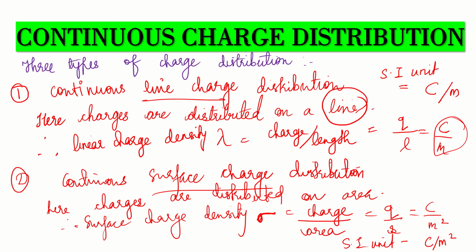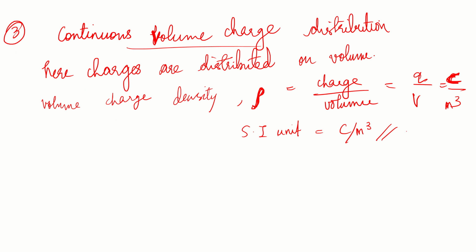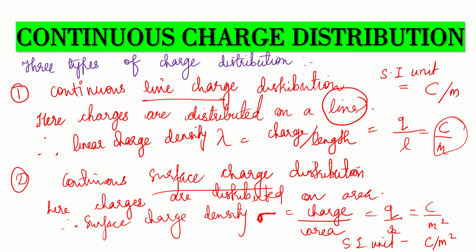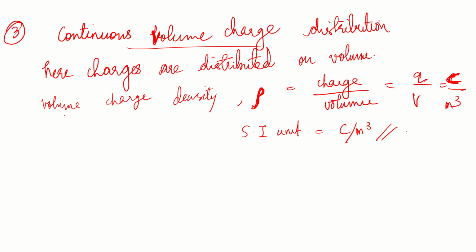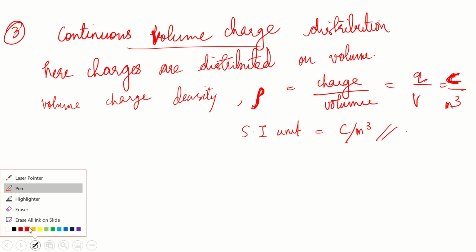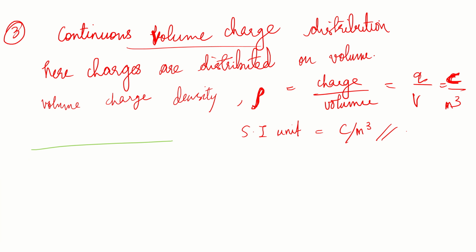So these are the three types of continuous charge distribution: continuous line charge distribution, surface charge distribution, and volume charge distribution. Continuous line charge distribution, here charges are distributed on a line. Linear charge density is lambda. Let us make a table. For line, linear charge density, we are using lambda.